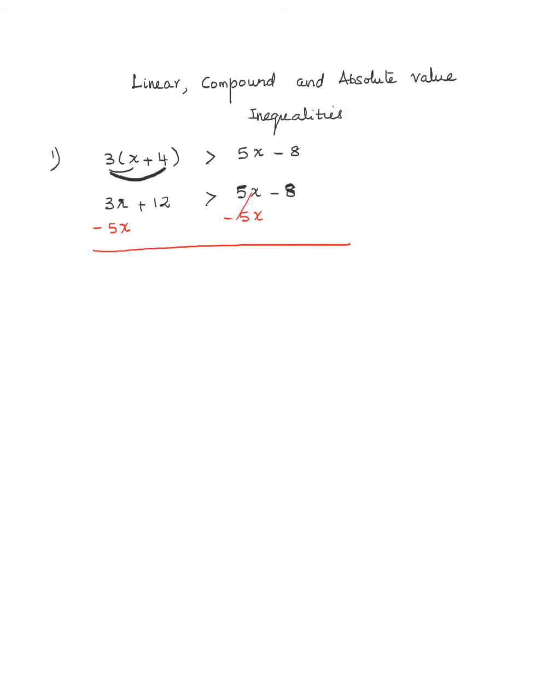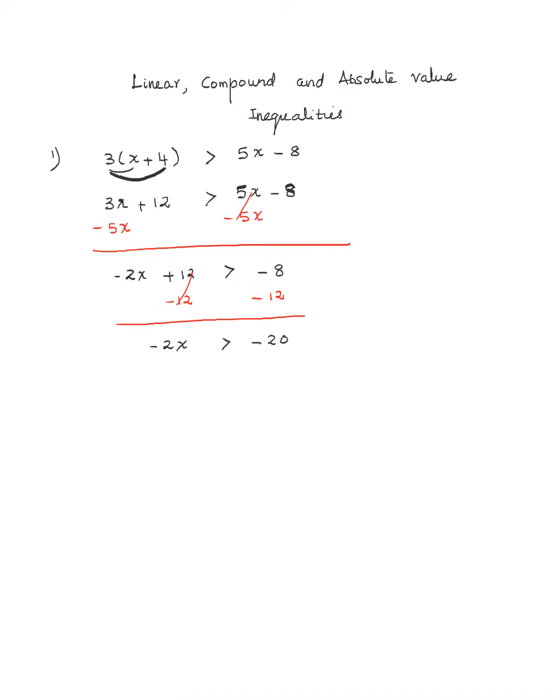So we get negative 2x plus 12 is greater than negative 8. Now we're going to move the 12 to the other side. So we get negative 2x is greater than negative 20.